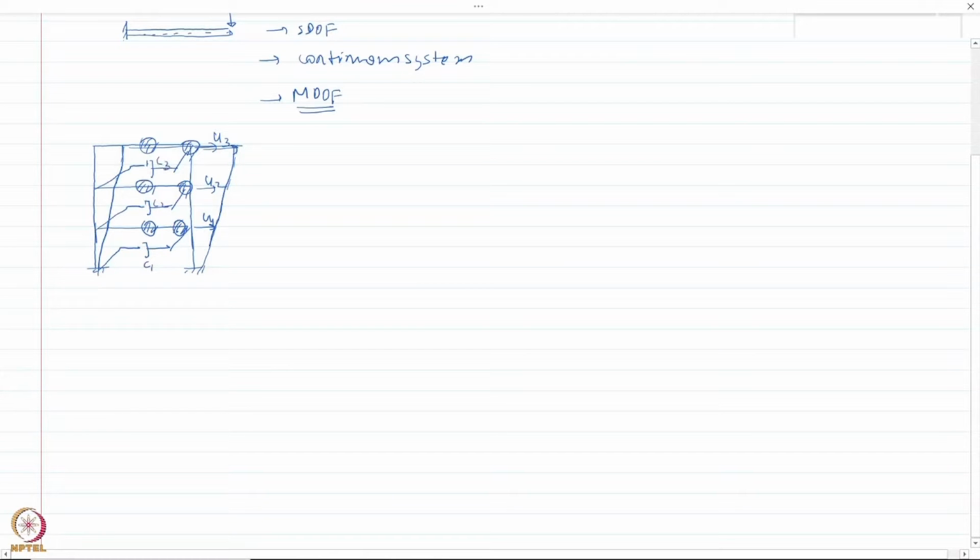Now we said that in a multi-story building, at any story j, if there is a story deformation, there would be story shear. That's why it is called a shear type building, because the deformed shape is only represented through shear deformation in the building.